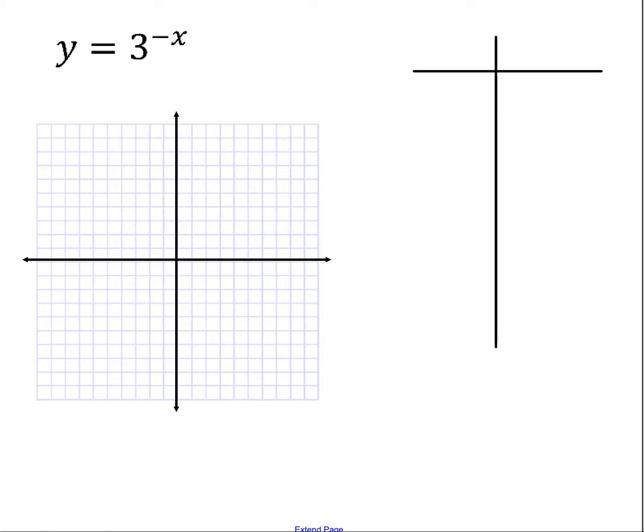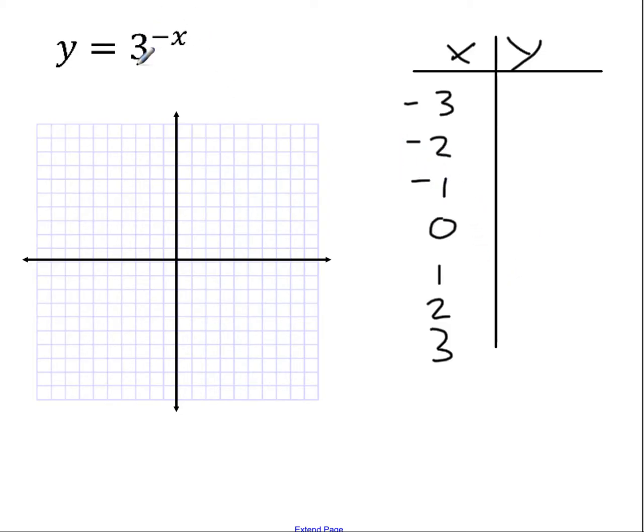Now sometimes you have a negative exponential power, like 3 to the negative x. So again, I have no idea what this looks like, so I'm just going to make a graph. I'm going to do negative values, I'm going to do a 0, and I'm going to do positive values. Later on in the book, you're going to actually do fractional values, but we don't need to do that today. So let's do 0 first.